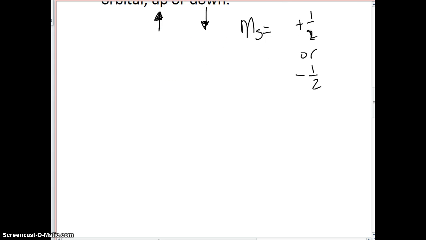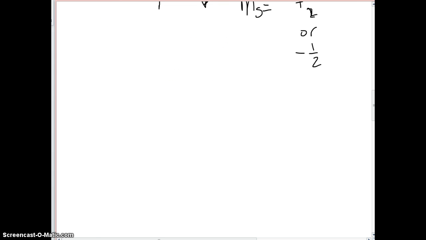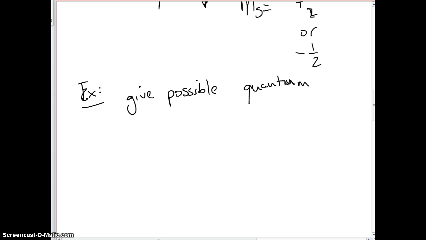So let's give you an example of a problem and how it would roll out. So we'll say give possible quantum numbers for an electron in a 2p orbital.